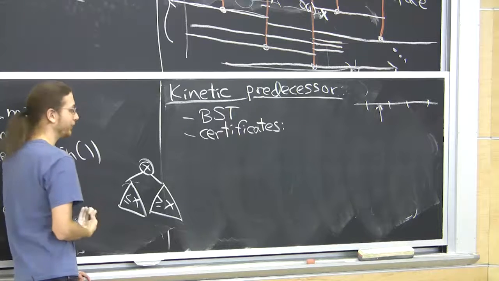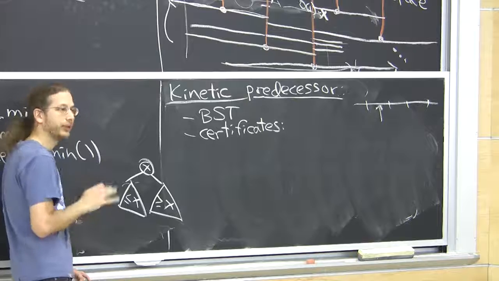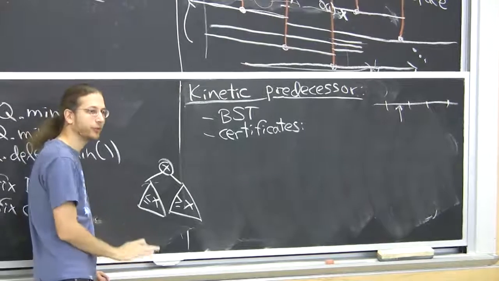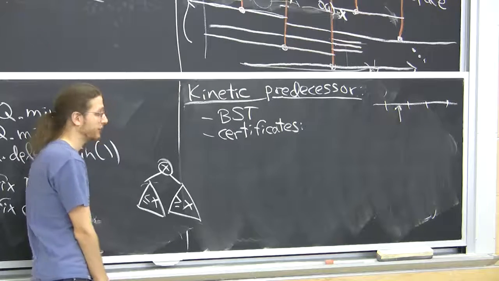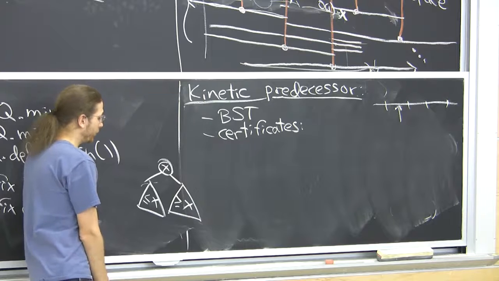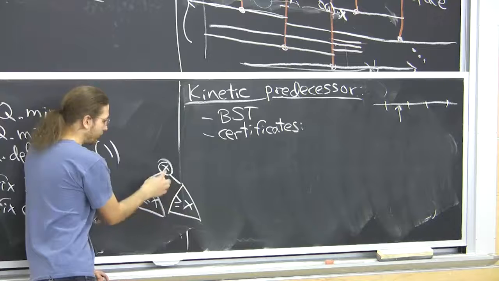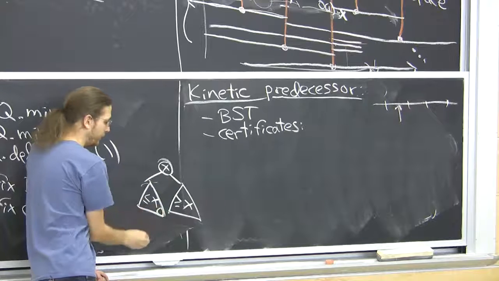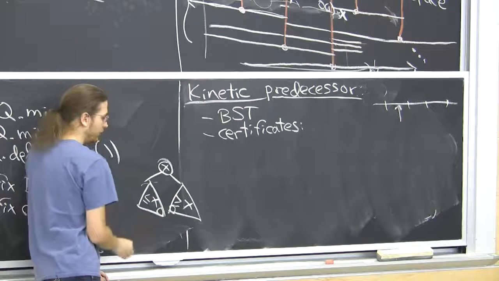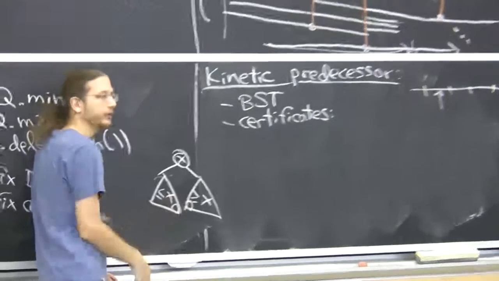Almost everyone has a relation. I'd prefer to get away with fewer certificates, because then fewer certificates will fail. So, cute idea: I really only need to compare x with this one and this one, the max in the left subtree and the min in the right subtree.